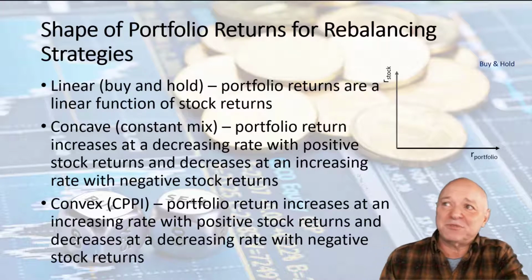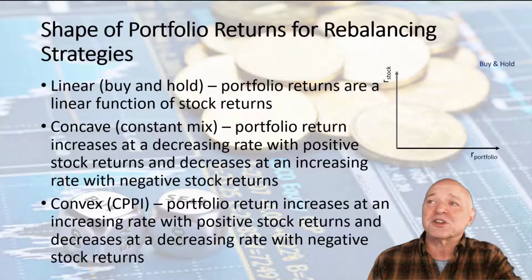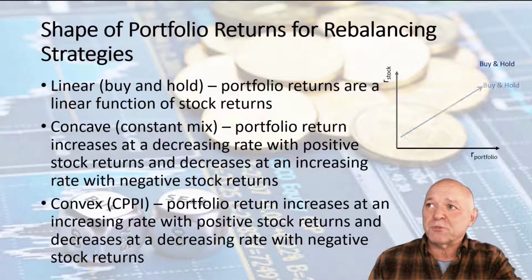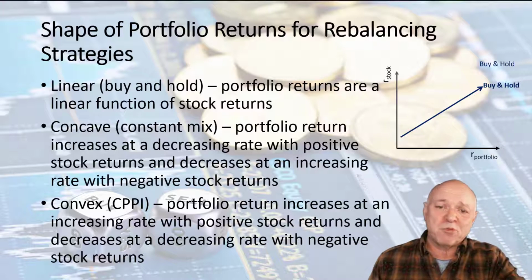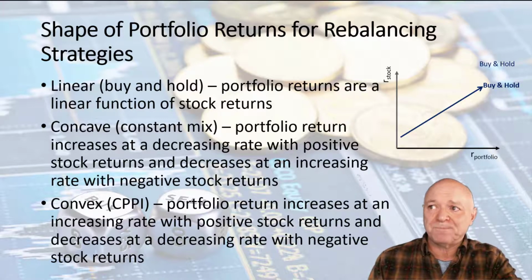And if we see this on a chart, with the rate of return to our stock on the vertical axis and the rate of return to our portfolio, in a buy and hold approach, the returns are going to be proportionate. As the value of our stocks rises, the value of our portfolio rises proportionately.